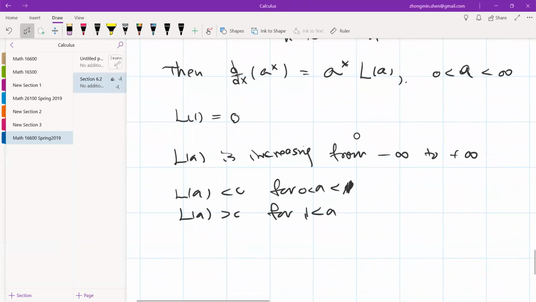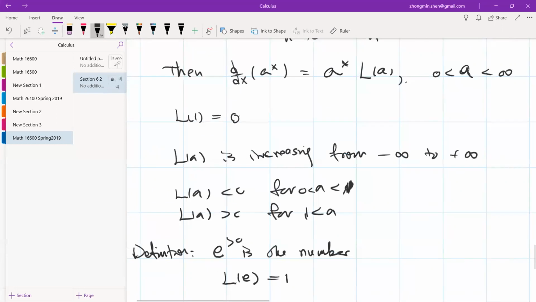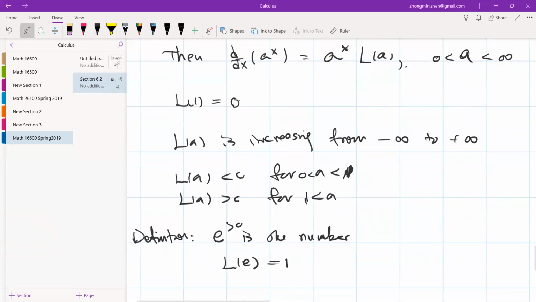I'm going to introduce a number. Definition: e is a positive number such that L of e equals 1. Can we do that? Yes, because L of a increases as a runs from 0 to infinity, L of a runs from negative to positive infinity, so it will hit 1.